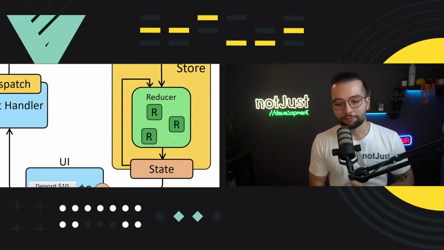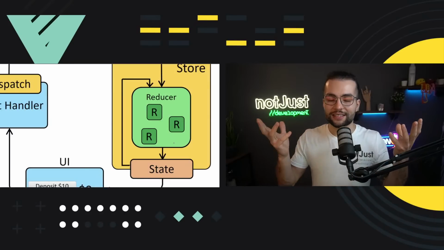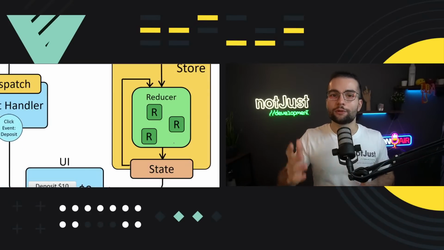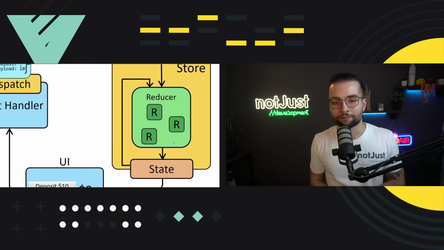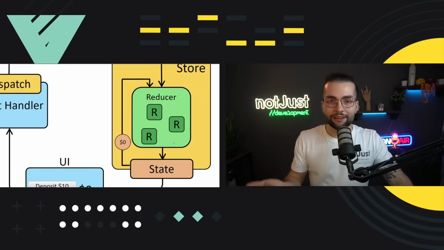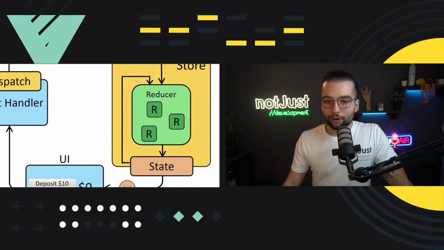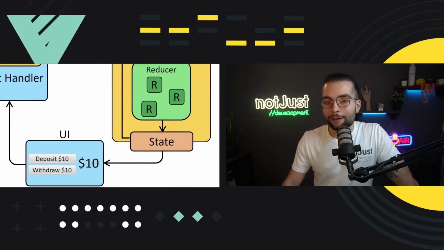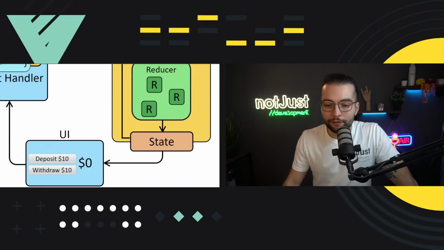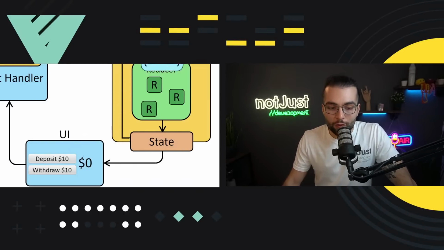So a reducer takes the action, it takes the state, and updates the state to reflect the new changes. It's basically mutating the state. Once the reducer completes, it updates the state, and this will trigger the UI to update what it renders on the screen.